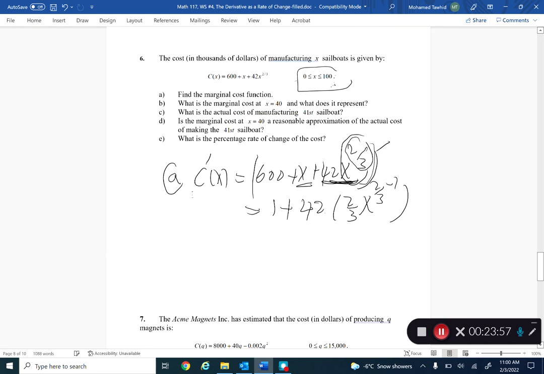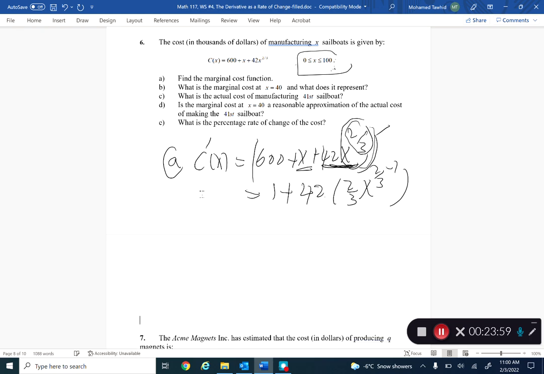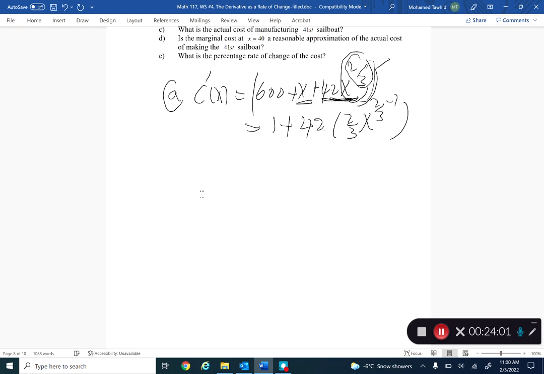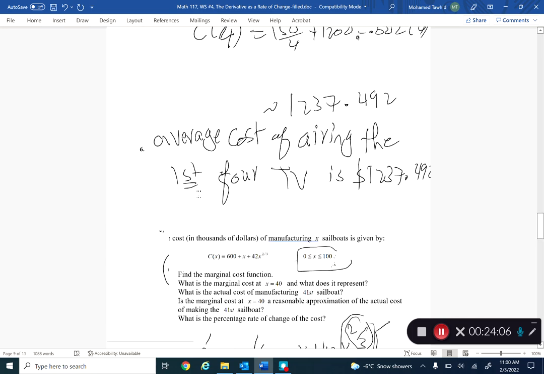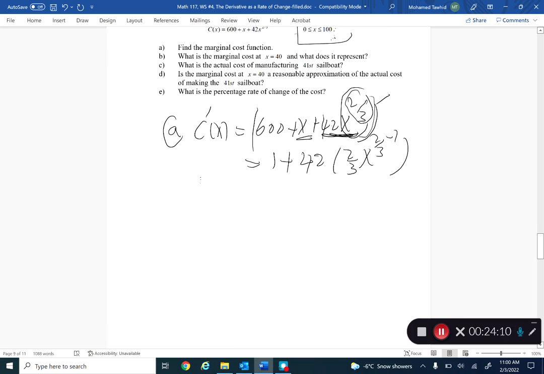If I simplify this, you have 1 plus 42 multiplied by 2/3, x to the power negative 1/3, because 2/3 minus 1 gives negative 1/3. Does that make sense for everyone here, guys?